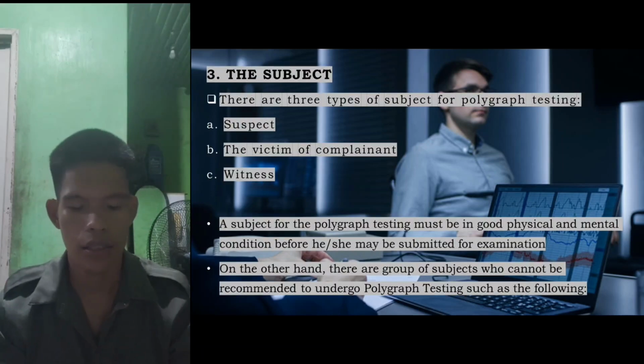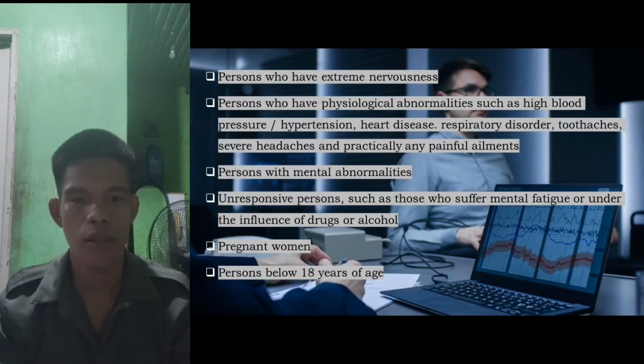On the other hand, there is a group of subjects who cannot be recommended to undergo polygraph testing, such as the following. Number 1, person who has extreme nervousness. Number 2, person who has physiological abnormalities such as high blood pressure, hypertension, heart disease, respiratory disorder, toothache, severe headache, and practically any painful ailments.